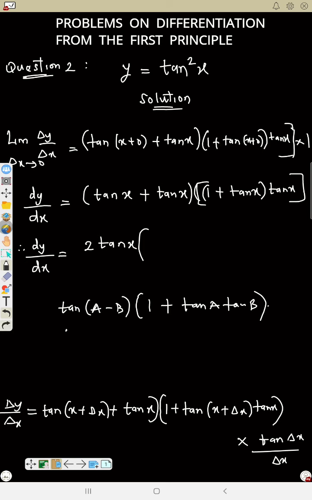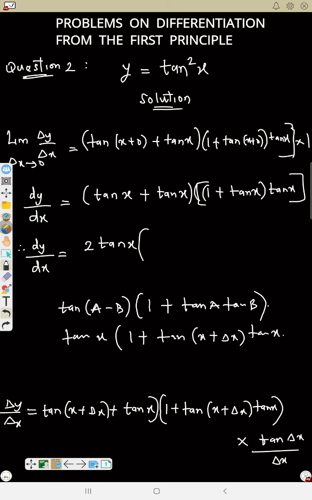This is the same thing as tan s, bracket 1 plus tan s plus ds tan s.